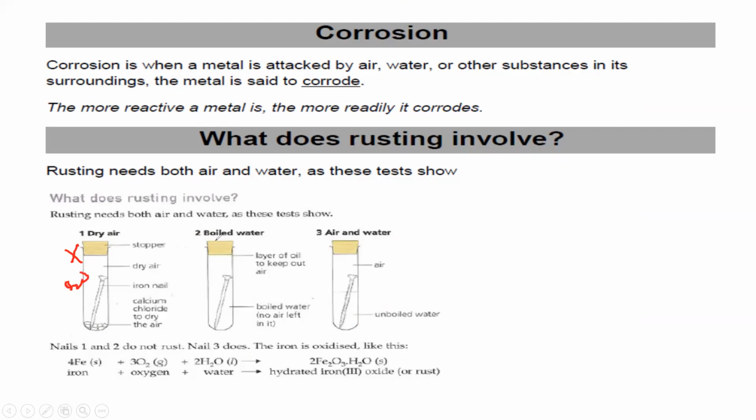The second one will not rust because there is no oxygen. The third one will rust because there is oxygen and water, both present. Whenever iron reacts with oxygen and water, it forms hydrated iron(III) oxide, which is also known as rust, and it is brown in color.